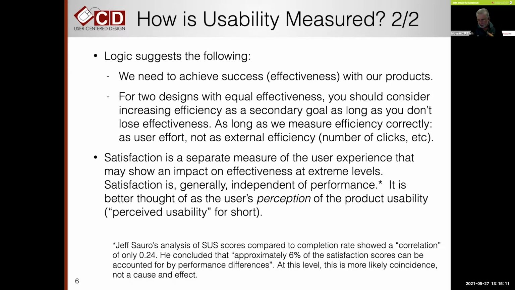His conclusion was that approximately 6% of the satisfaction score is related to how well people use the product. A 6% correlation might suggest that it's just a coincidence and it's not really related. And the reason for that is that we don't know how to monitor our own performance.